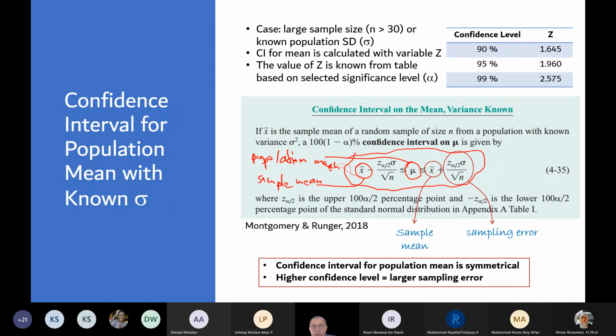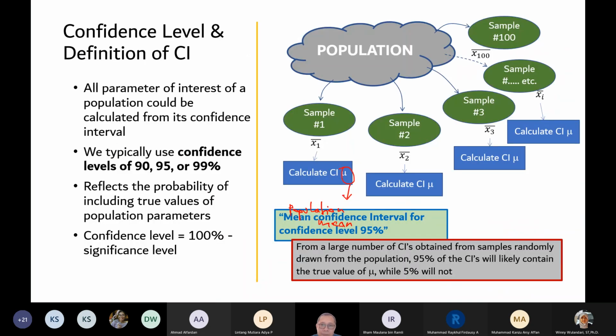We can calculate 100 confidence intervals. Right? This is what is shown here. So from each sample, we calculate one confidence interval of mu. This one here, this there, and so on. So we will end up with 100 confidence intervals of mu.